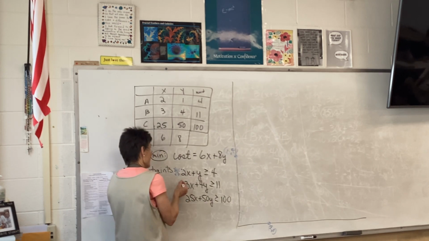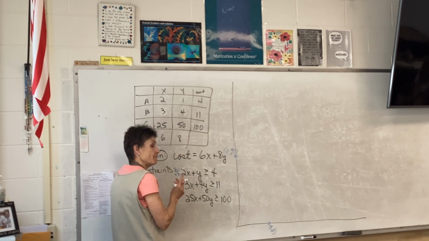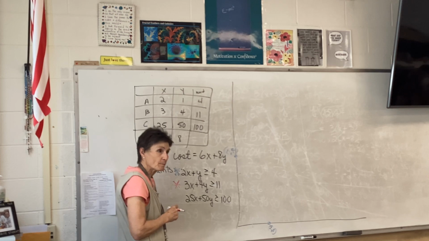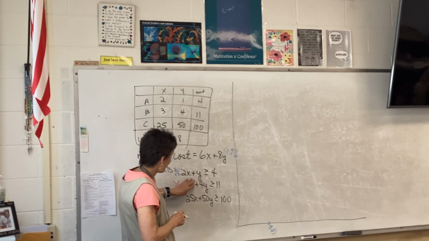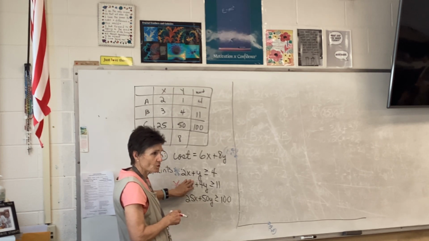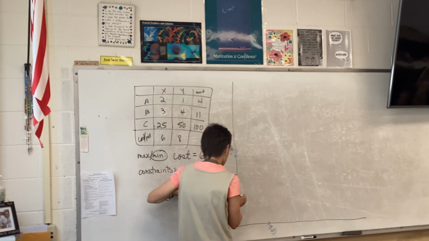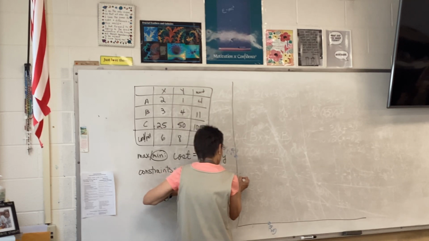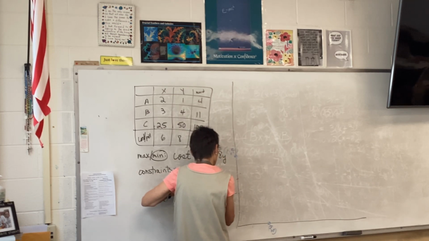Okay. Now, don't be alarmed if they're not whole numbers. It's okay. Graph them anyway. All right? So, if x is 0, y is going to be 11 fourths, which is 2.75, I think.